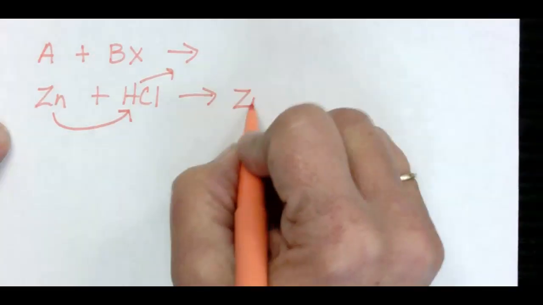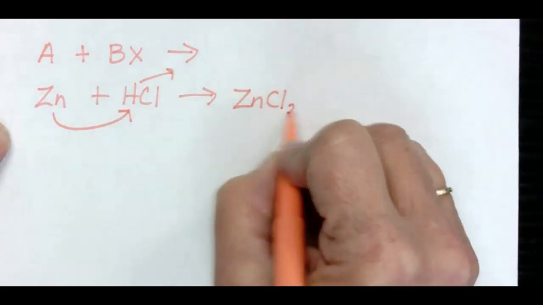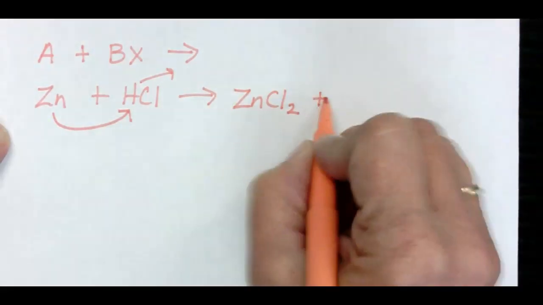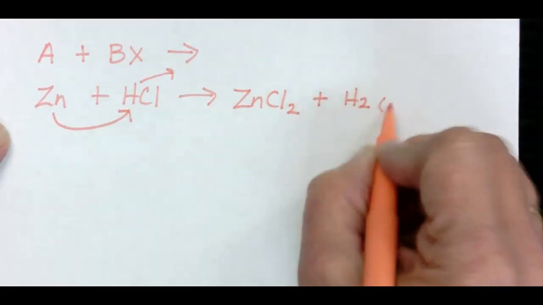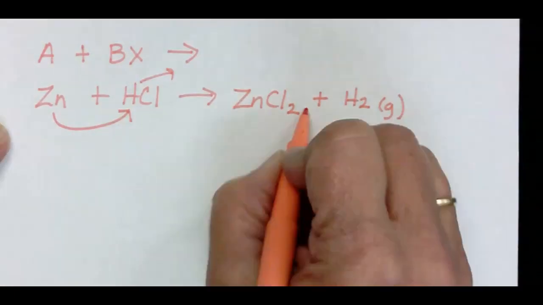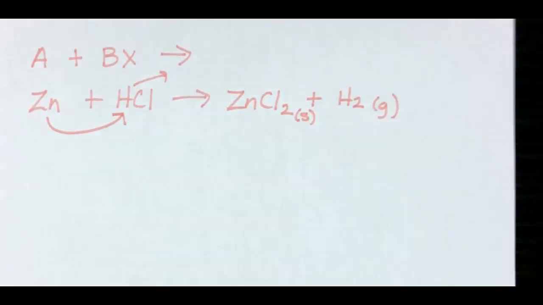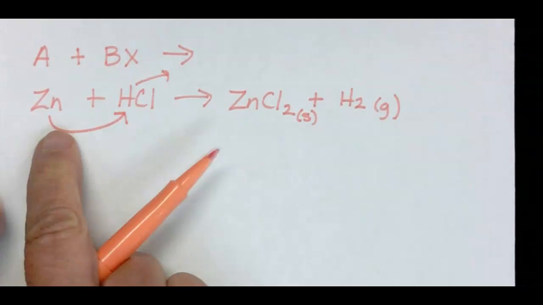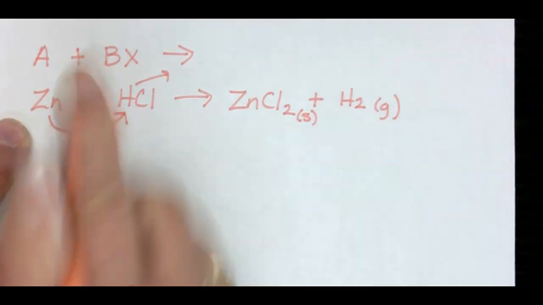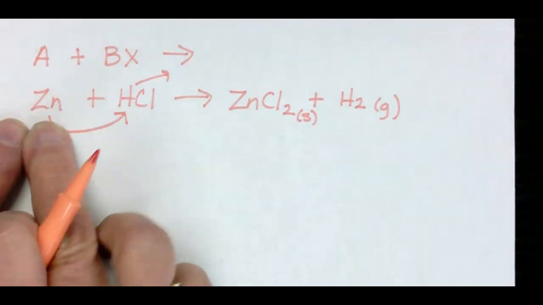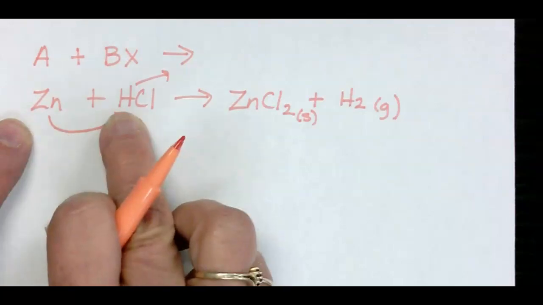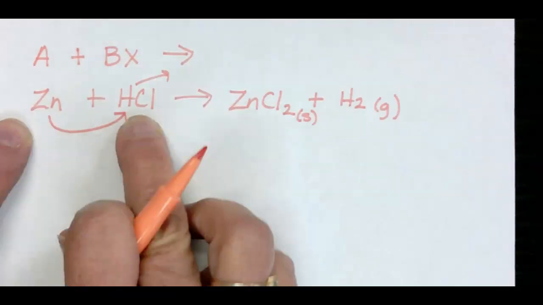So we have zinc chloride, and then of course we would need to do our subscripts and so forth, and hydrogen gas. And this will make a solid substance in the bottom. So again, what happens is that your zinc, which in this case is an element, will come over and attach, knock off the hydrogen, and the zinc bonds with the chlorine.